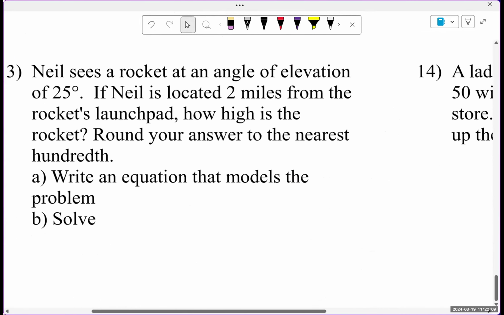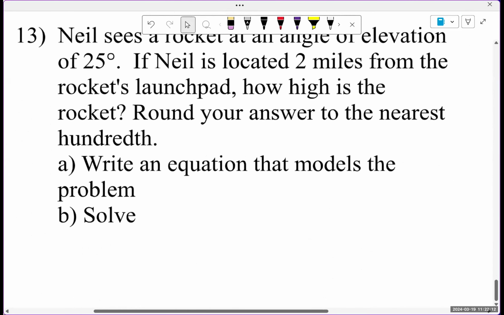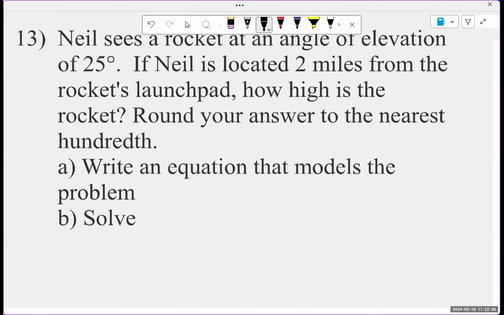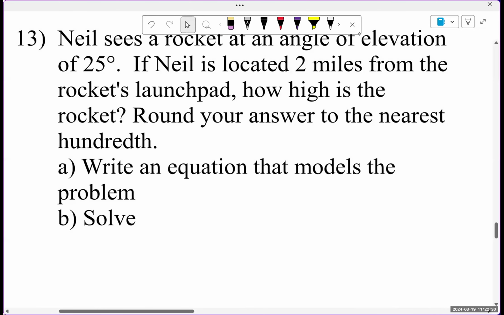Word problem. Neil sees a rocket at an angle of elevation of 25 degrees. Neil is located 2 miles from the rocket's launch pad. Now, why are we doing word problems?